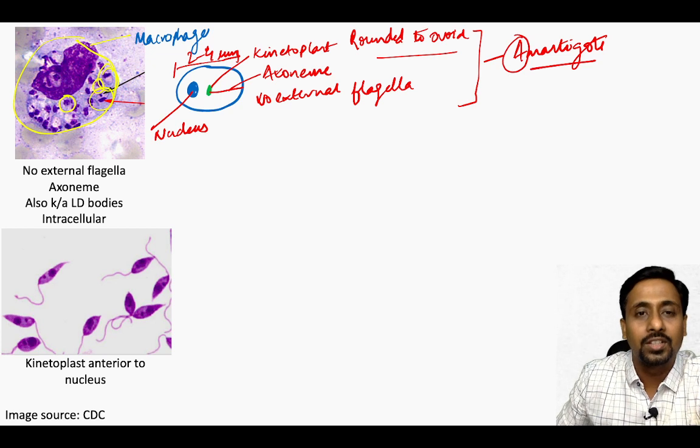The amastigote has an internal flagella called the exoneme, and this internal flagella originates from a structure called the kinetoplast.